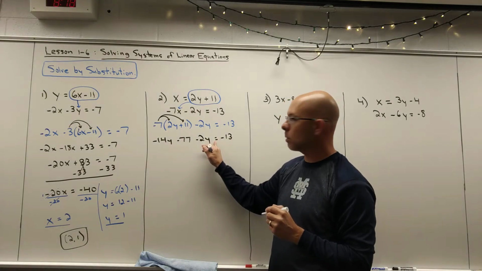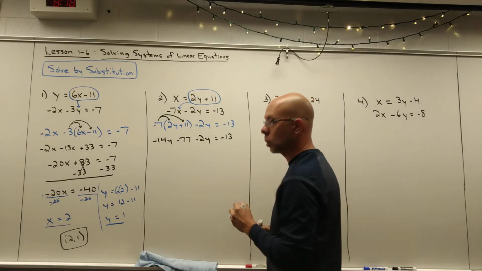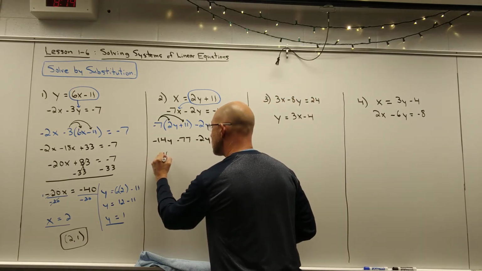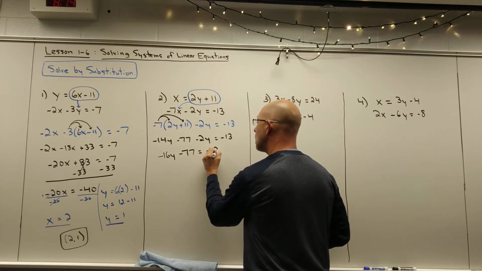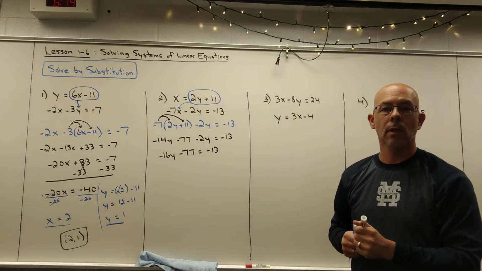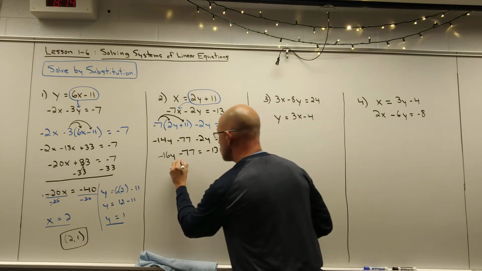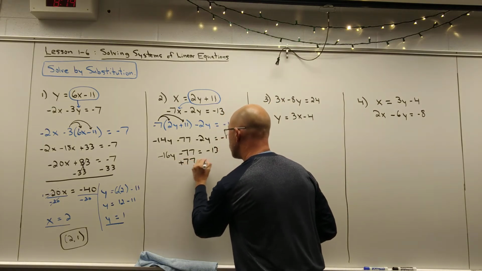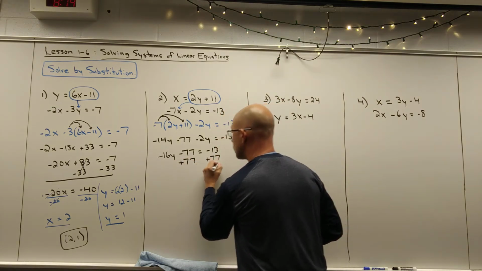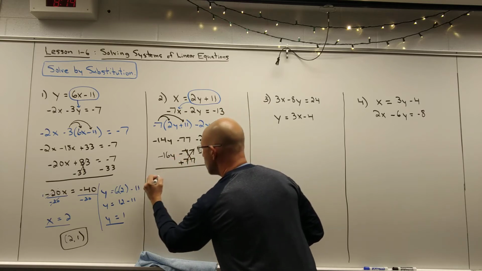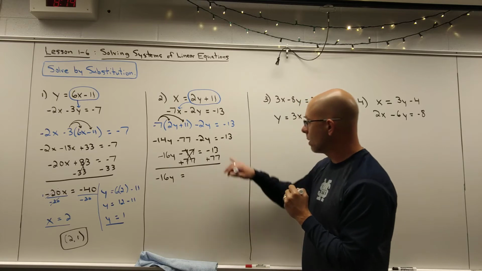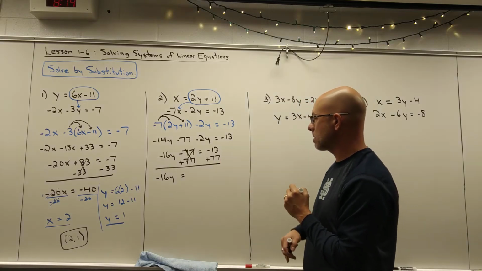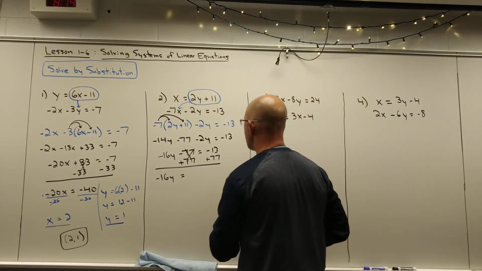They're on the same side of the equal sign, so it's minus 14 and minus 2, which is minus 16y minus 77 equals negative 13. We are going to add 77 to both sides. That's out. We get negative 16y equals negative 13 plus 77 will be 64.